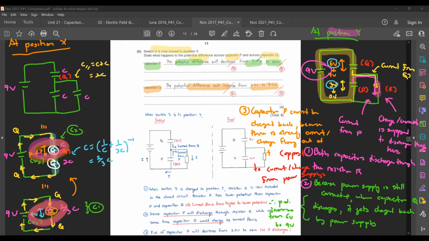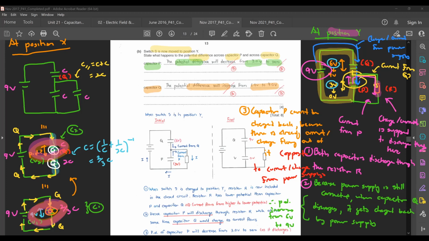Okay, what I mean by that is you imagine this now. If you have some amount of charge or current that is coming from your power supply, like this is the charge or current from your power supply, it cannot just keep on moving to P, because you see P in the first place was actually discharging current out in this direction, opposite to that of your power supply. You look at this part here, they are actually opposite direction.